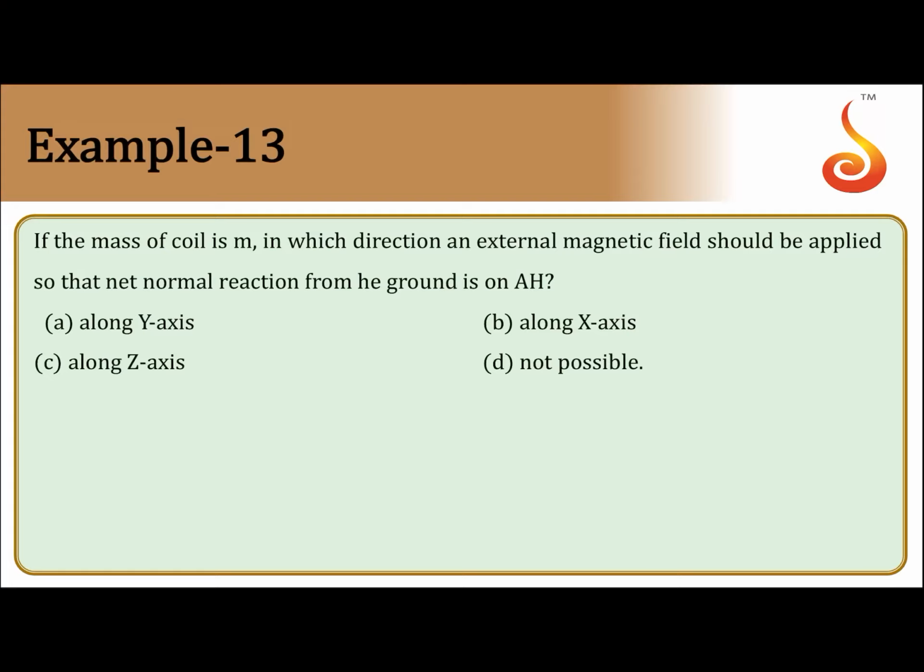You see here the net force acting on the closed loop is 0. So therefore it is not a possible situation that the normal force will be acting only on AH. It will be uniformly distributed on the wires which are in contact with the ground. So it is not possible.